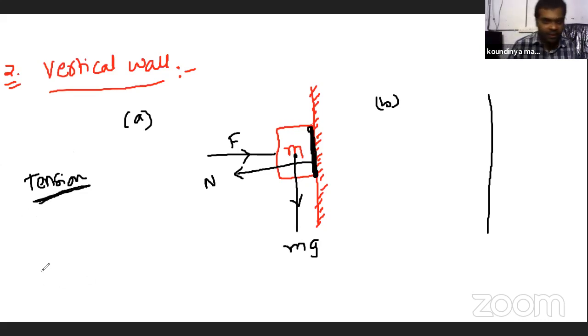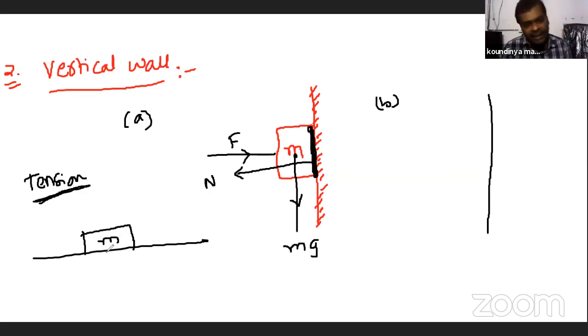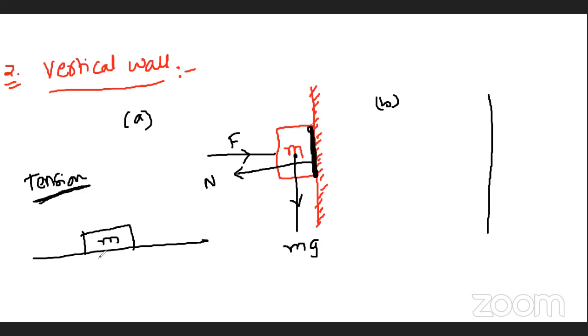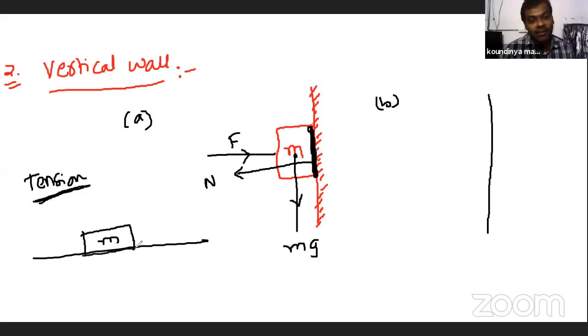On a horizontal surface, if I have a single object, does it have any tension? No, sir, because it is not suspended. Whatever force is applied will only produce motion.